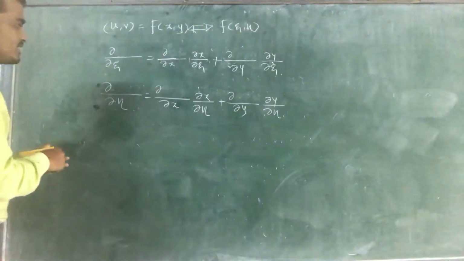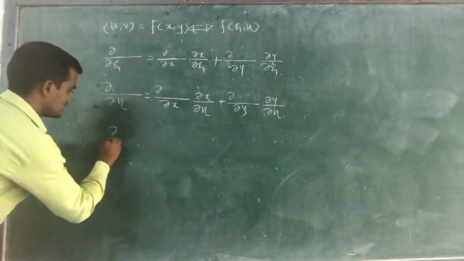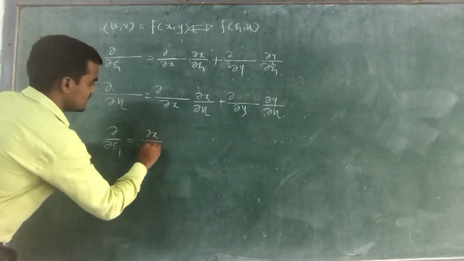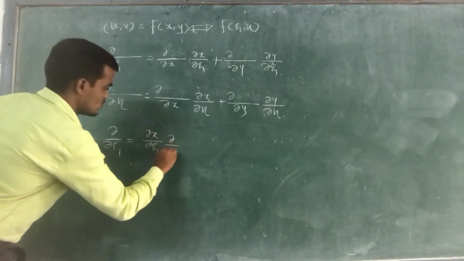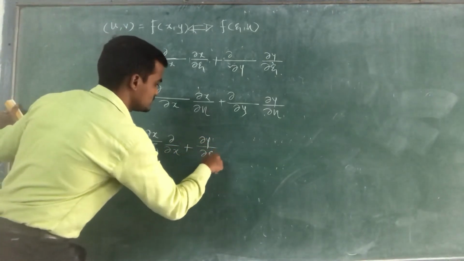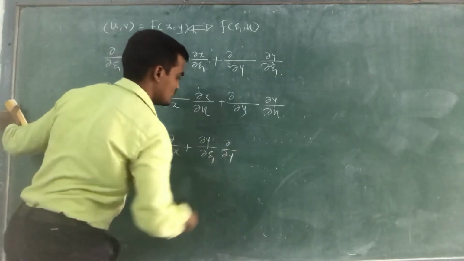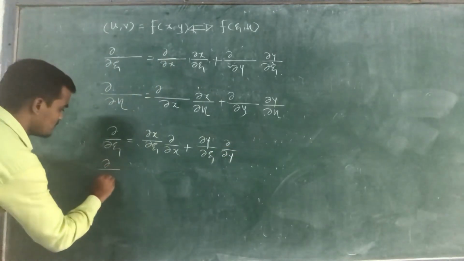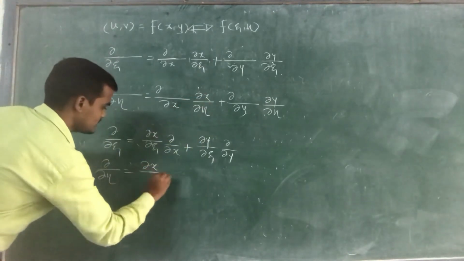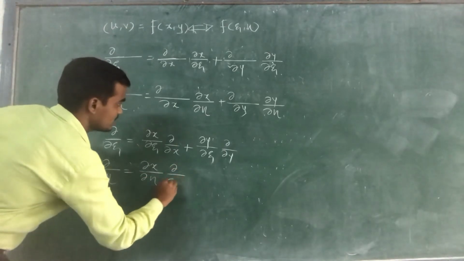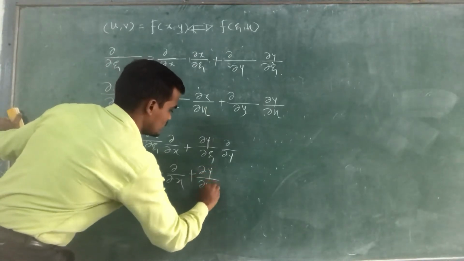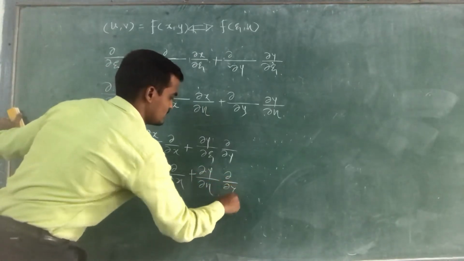So generally, finally we can write dou by dou zeta is equal to dou x by dou zeta into dou by dou x plus dou y by dou zeta into dou by dou y. And similarly, dou by dou eta is equal to dou x by dou eta into dou by dou x plus dou y by dou eta into dou by dou y.